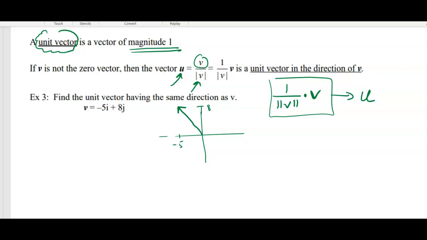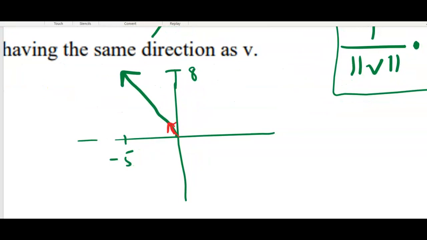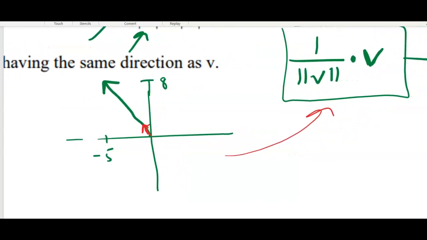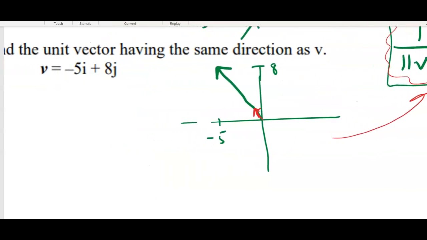But if I want to shrink it down so that it has a length of 1, same direction, then I would use this formula over here. If I multiply that vector, which definitely doesn't have a length of 1, by 1 over its magnitude, it will now be a vector in the same direction with a length of 1 numerically.